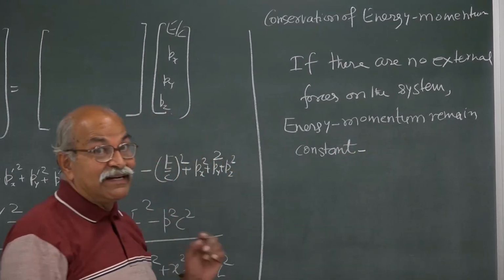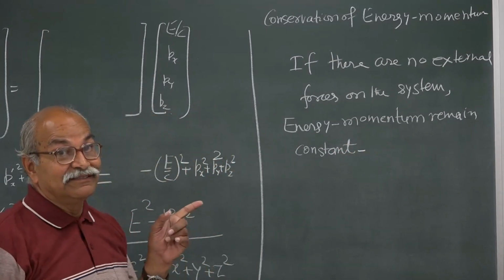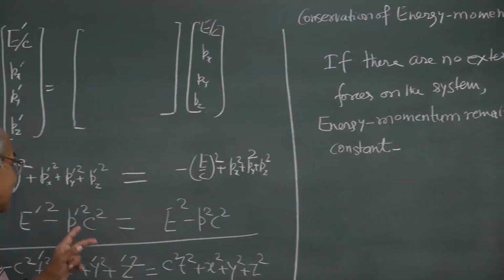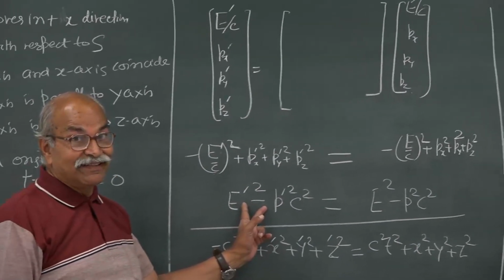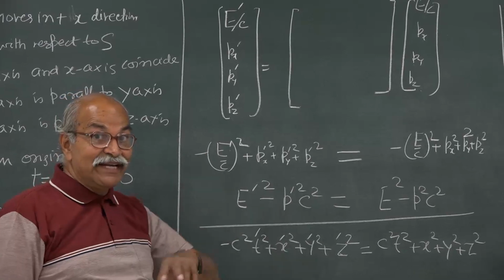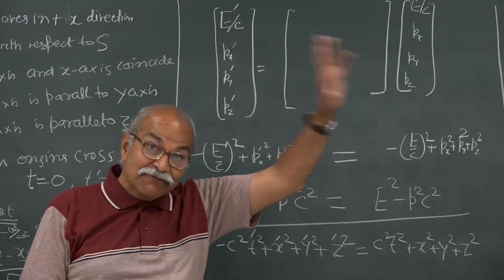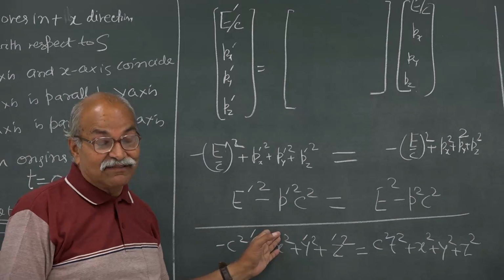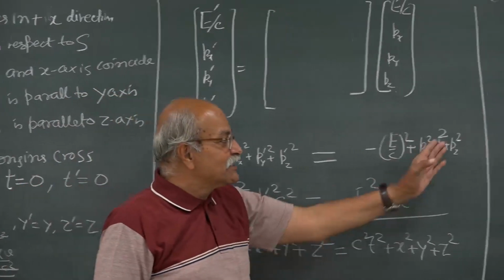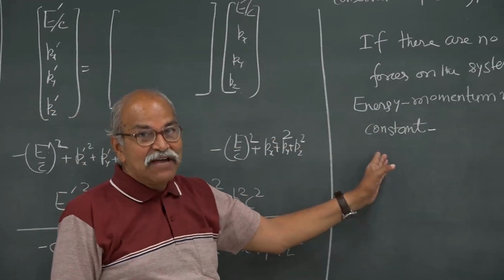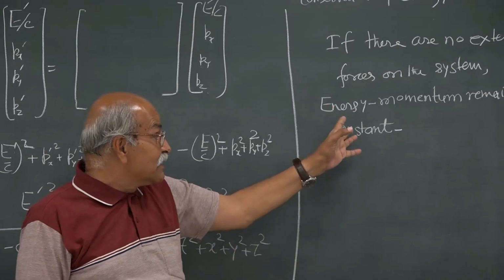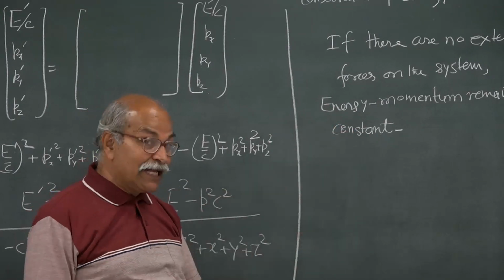Distinguish between invariant and constant. When I say that this is invariant, I have in mind going from one frame to another frame, and this quantity does not change. When I say this is constant, I have in mind that I am using the same frame.